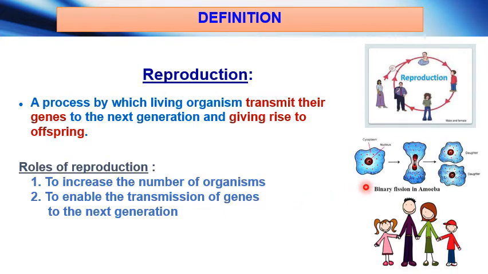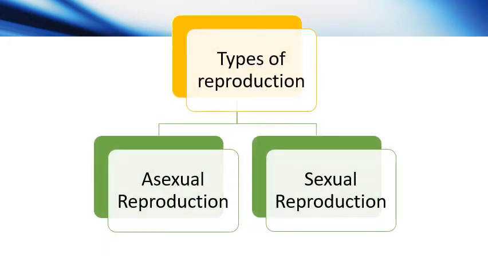As you can see in this amoeba, when it reproduces through binary fission, it will be divided into 2 organisms, and this will increase the number of amoeba. There are 2 types of reproduction. First is asexual reproduction. Second, sexual reproduction.